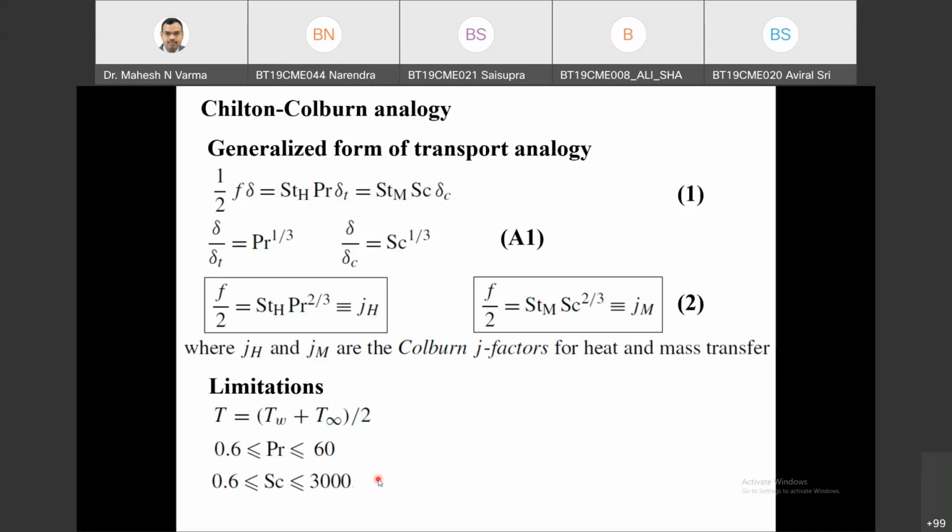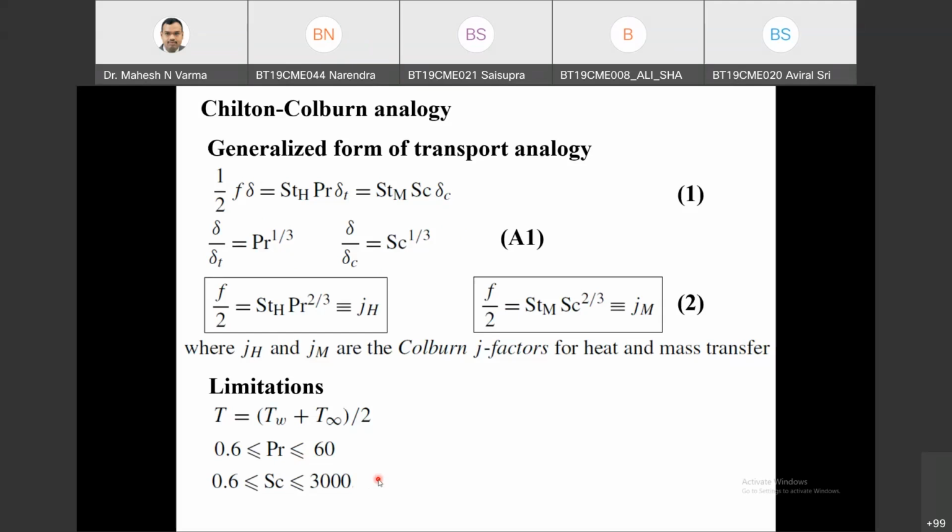Now certainly, if you use it for gases, say Prandtl number equals 1, and you use the Reynolds analogy, it will give a different answer than the Chilton-Colburn analogy, though both are true for gases. So there can be variation in the answer, plus or minus 20-25%. Why?